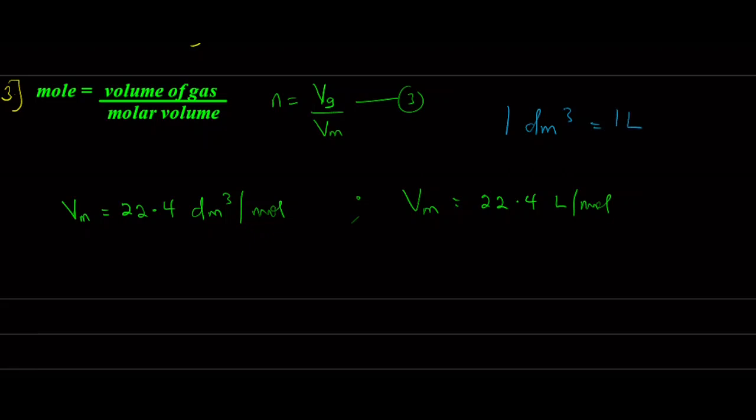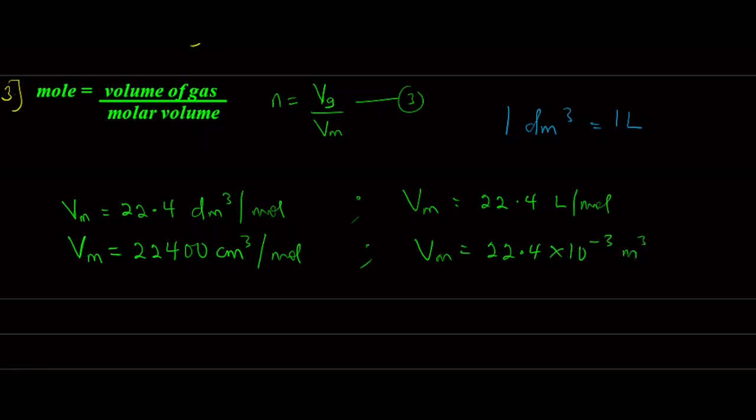So 22.4 dm³ is also known as 22.4 liter. Another value for molar volume Vm is 22,400 cm³ per mole, while the other one is in m³, and that is 22.4 × 10^-3 m³ per mole.